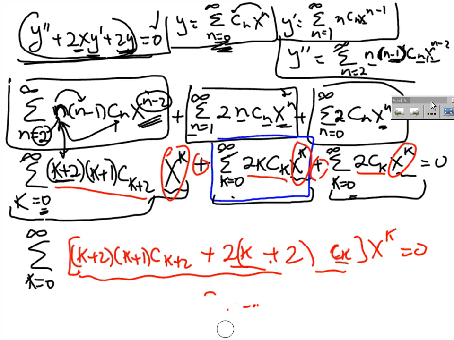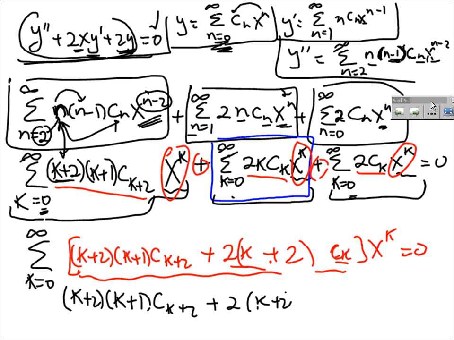Now what's inside those big brackets, I want it to be 0. k plus 2 times k plus 1 times c sub k plus 2, plus 2 times k plus 2 times c sub k. I want that to be 0.